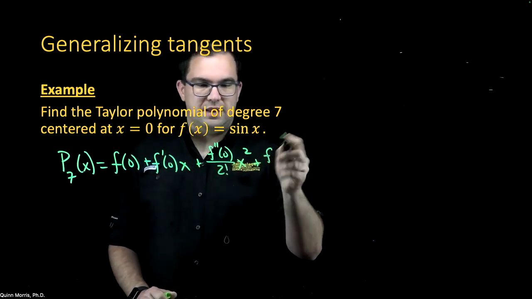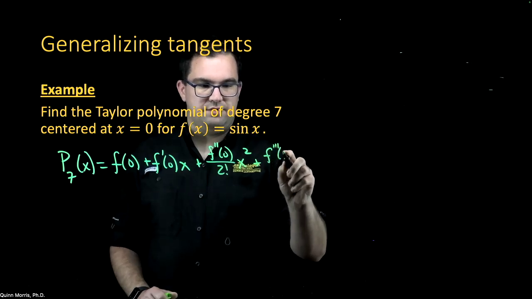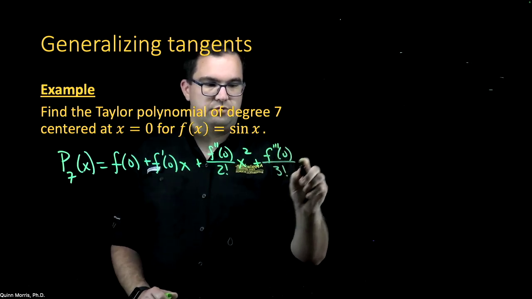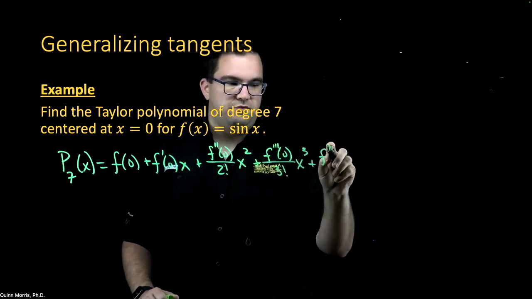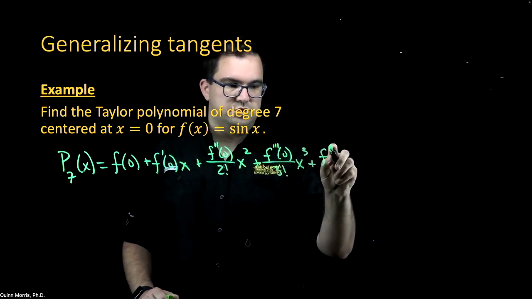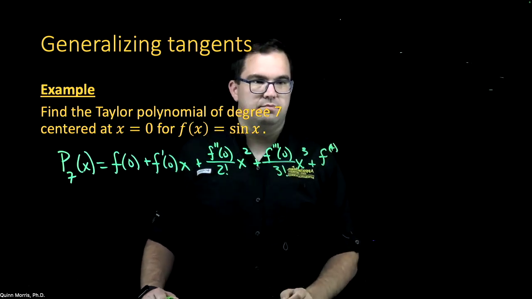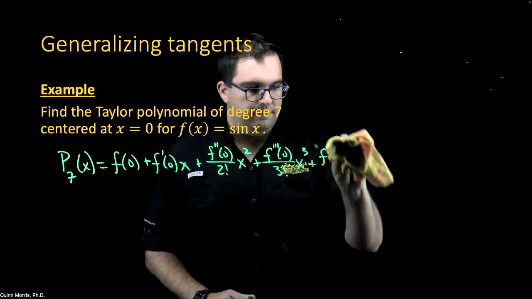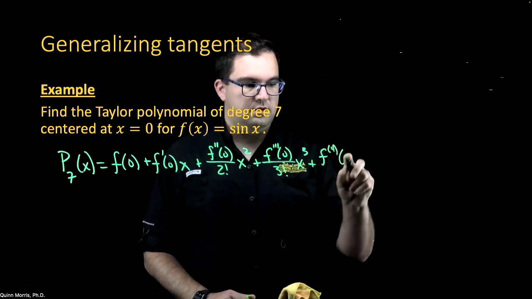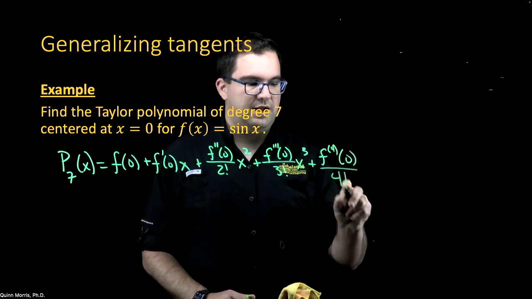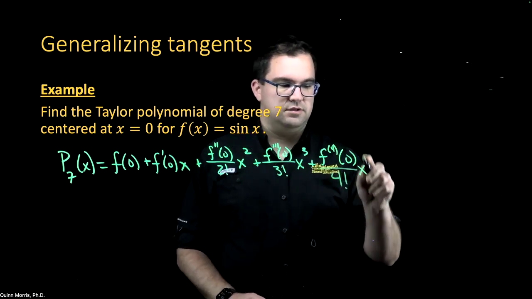plus, and I can keep going through this. The third derivative at 0 divided by 3 factorial times x cubed, plus the fourth derivative, and I'm now going to switch to this other notation, where I put the order of the derivative up here. Evaluate it at 0 divided by 4 factorial times x to the fourth.